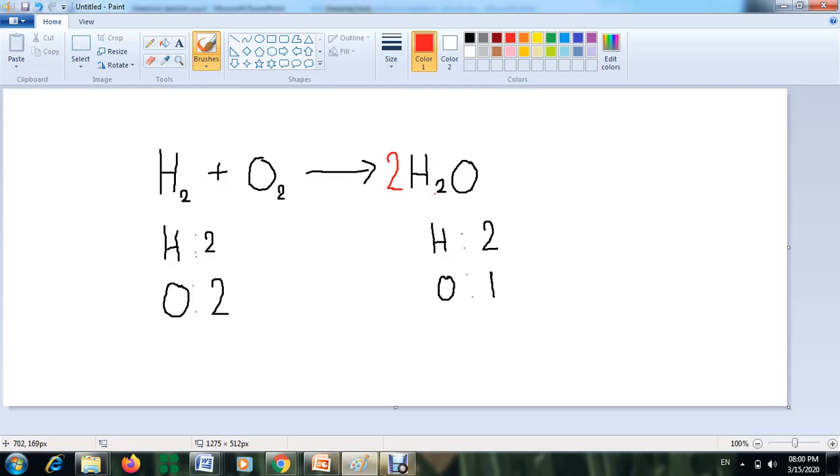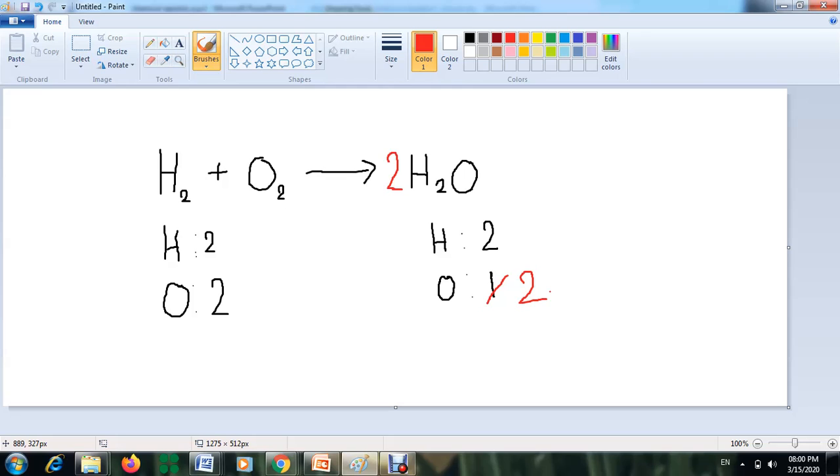It represents 2 water molecules here. So after you put this 2 to make 2H2O, how many oxygen atoms do we have here? They are not 1, they are 2. You multiply it by oxygen, so here you have 2 oxygen atoms. So as you see, the number of oxygen atoms before and after is the same.